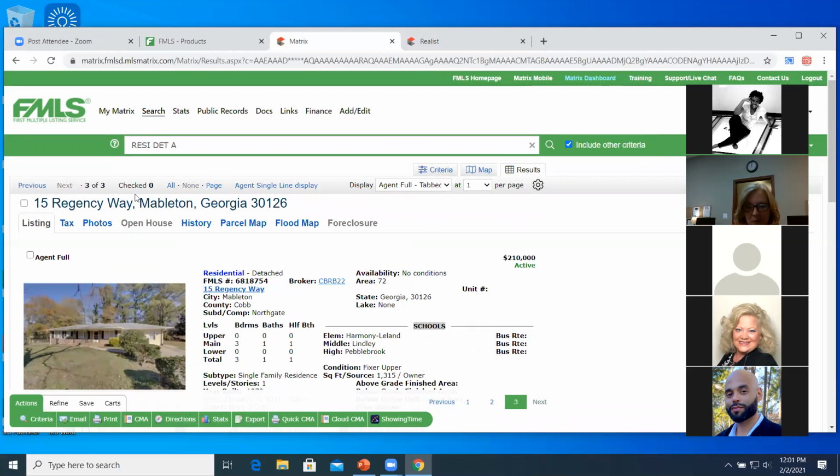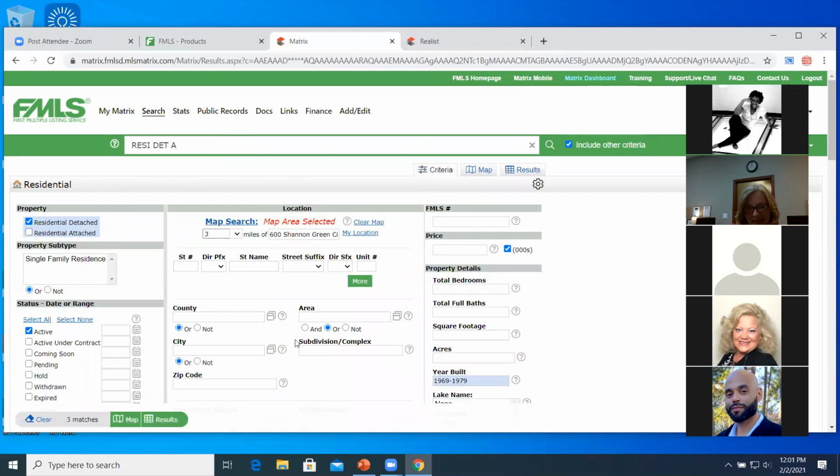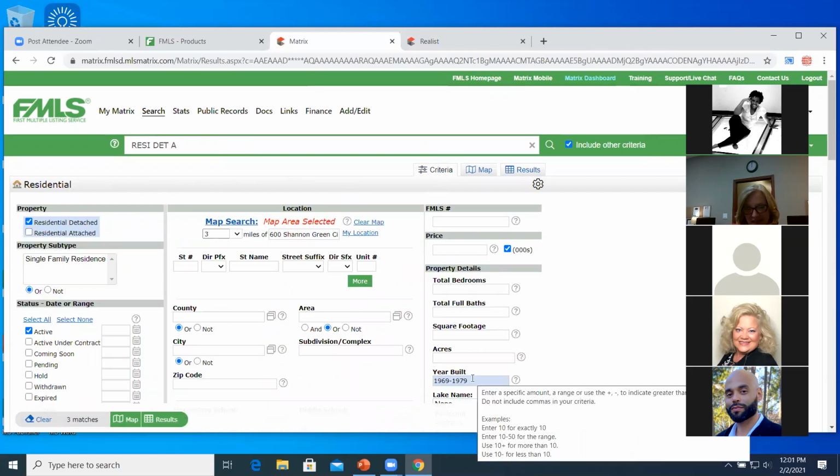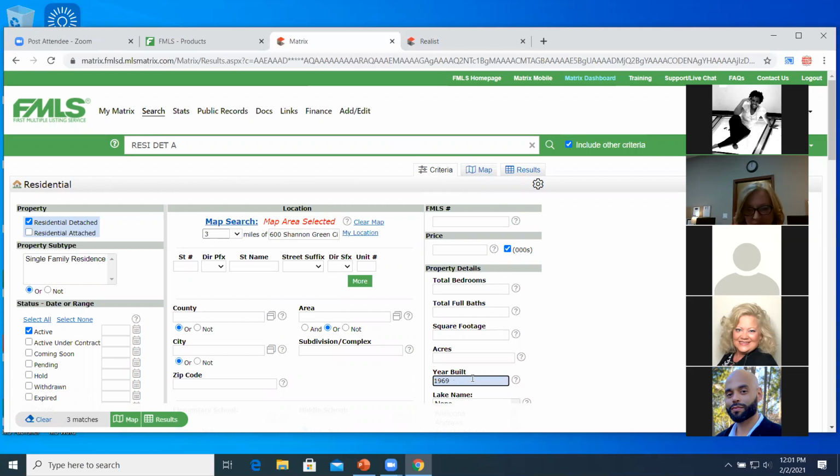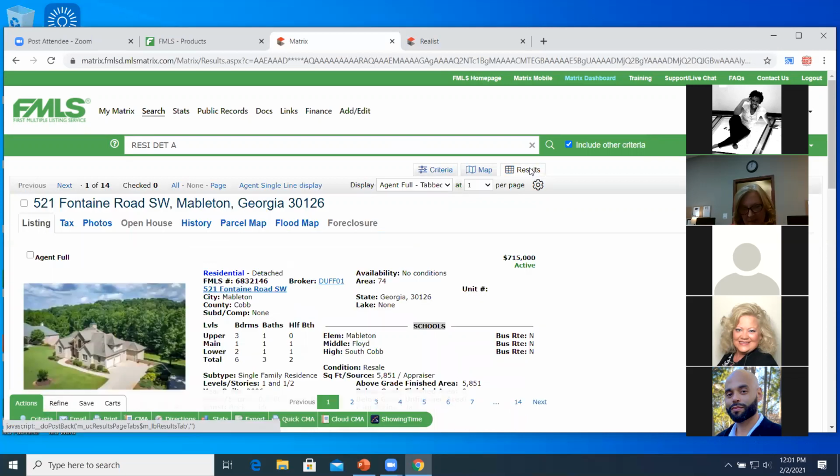So let's go back to our criteria again. Because I'm going to take out the year this time, but I'm also going to change this from 3 miles to 2 because I want to see what is closer that is for sale. And I need to go to my list.